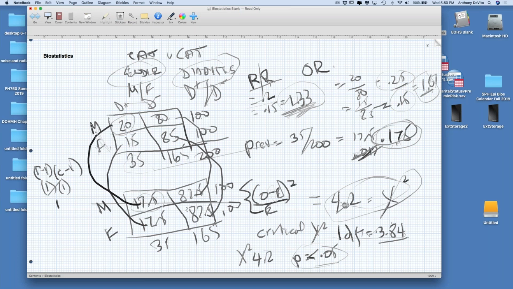Well, we might see 20 males out of 100 and 20 females out of 100, both getting it at the same rate. So that would be 0.2 over 0.2, which is equal to 1. So if the risk ratio or the odds ratio is equal to 1, then males and females get diabetes at the same rate. Well, let's see what we have. We have this, and we also have this idea of chi-square. So what are our null hypotheses going to be?